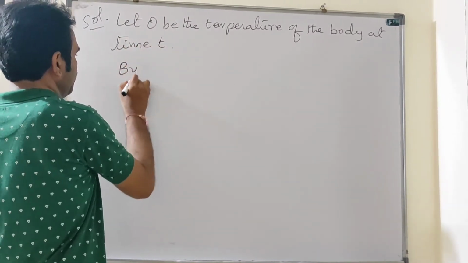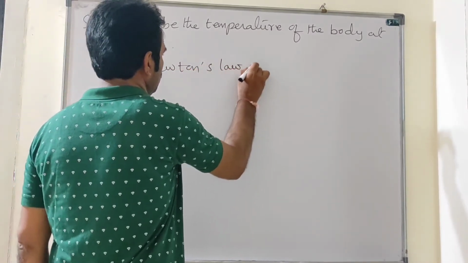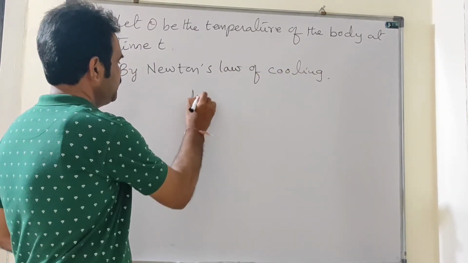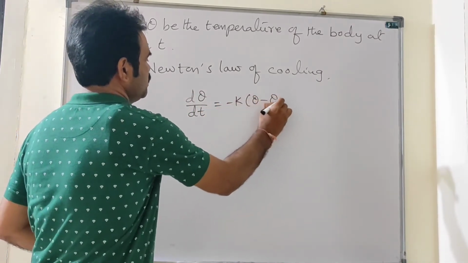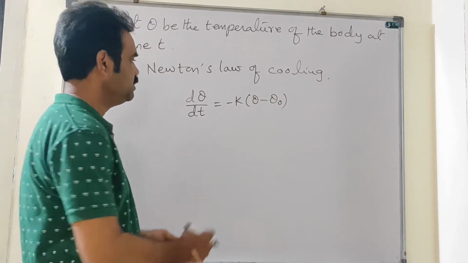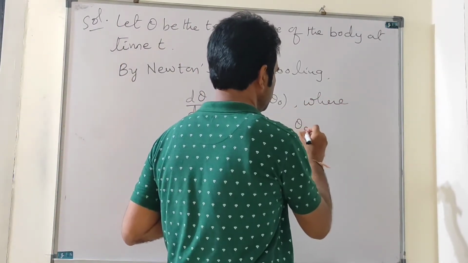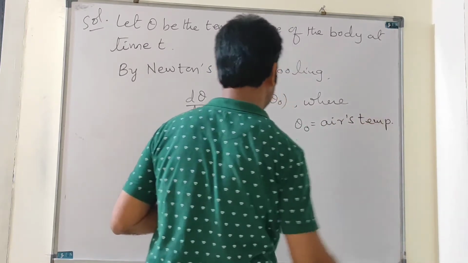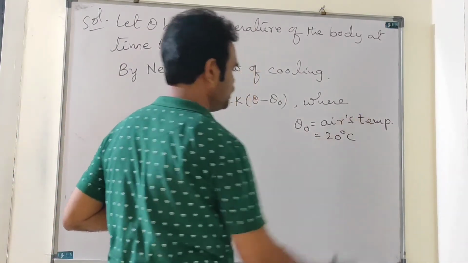Then by Newton's law of cooling, d theta by dt is equal to minus k into theta minus theta naught, where theta naught is the temperature of the surrounding medium, that is air. Theta naught is equal to 20 degrees Celsius, already given.